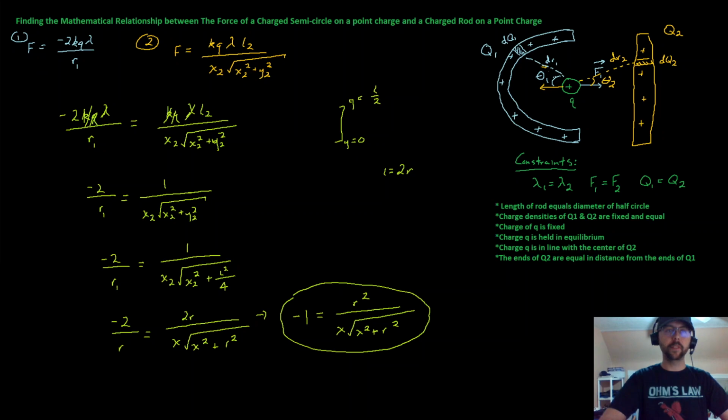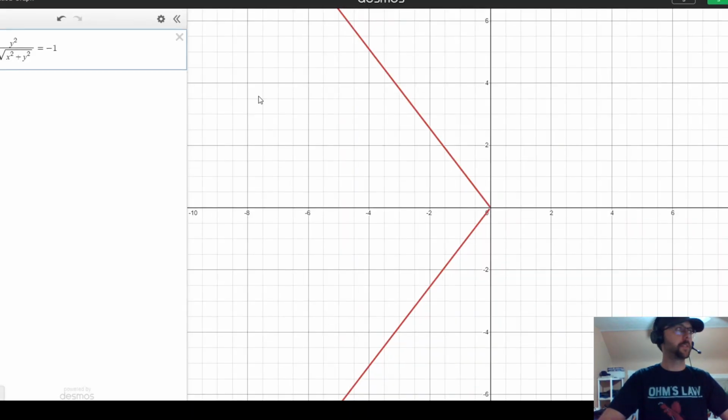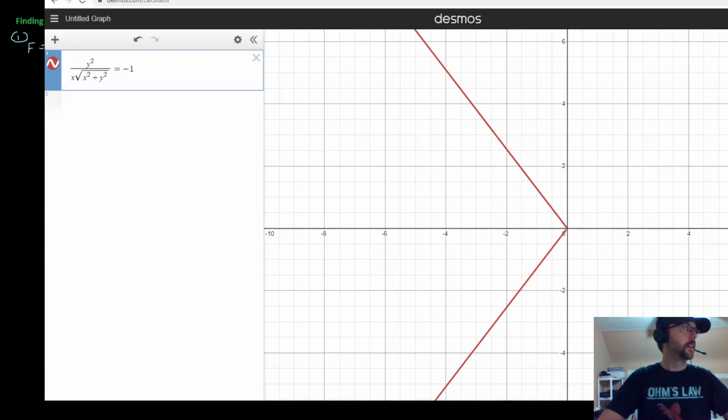I don't actually think that the sign matters there as far as the relationship is concerned. So this is what we have for our final solution, the solution that I was looking for to the initial problem.